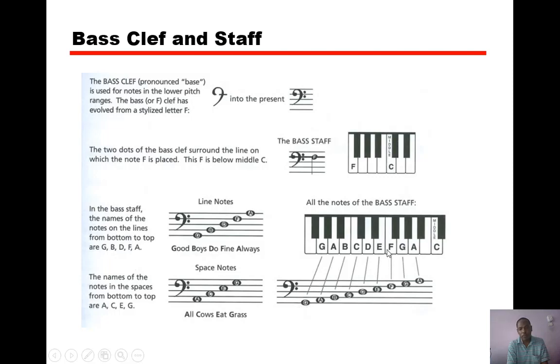Okay. So if we divide the keyboard into two parts, where we have the middle C, below the middle C, all the notes appear on the bass staff. And from middle C and above, all the notes appear on the treble staff. Okay, so when we put something here, this is a G, but which G on the keyboard?